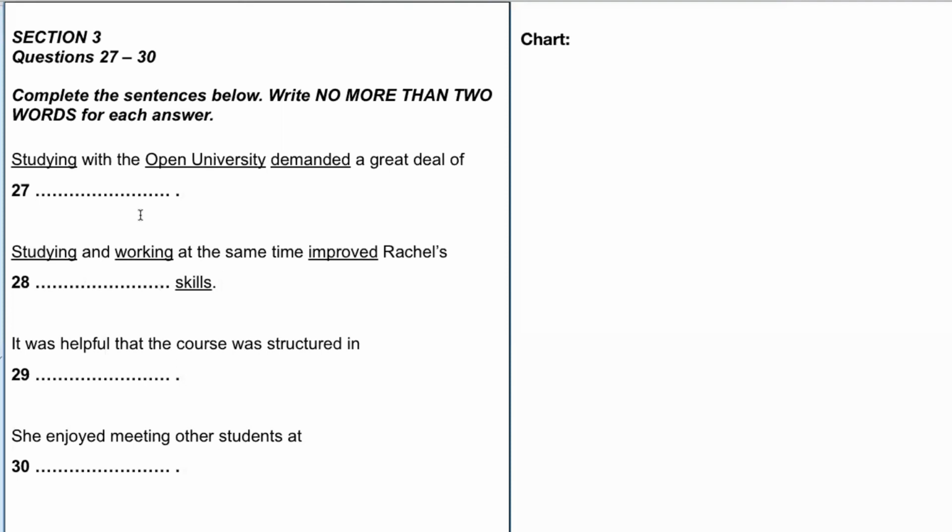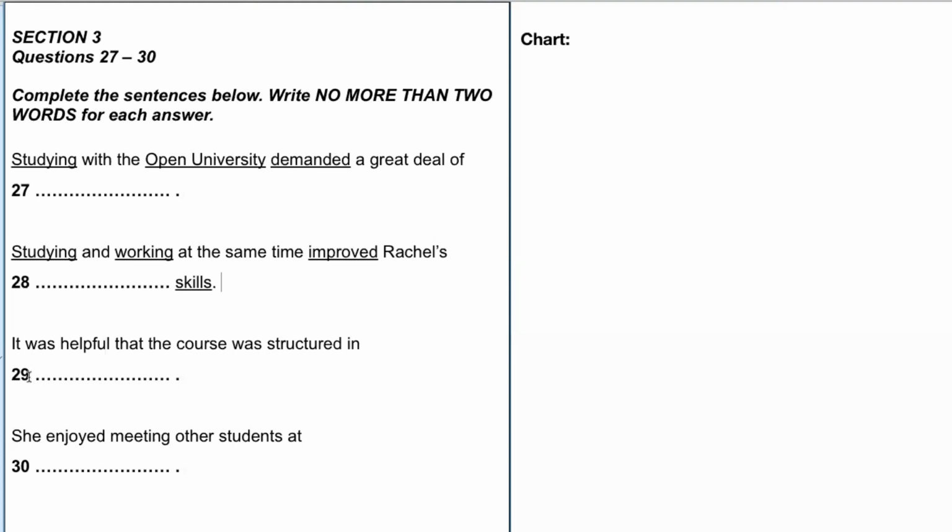So here I have studying, working, and improved. I haven't underlined at the same time just because for me it's a bit obvious that these two things were done at the same time simultaneously, so I'm not going to underline that. I'm also not going to underline Rachel in this case because Rachel may be the speaker, so she might say this, and there really isn't any need to underline that if she's going to be the speaker.